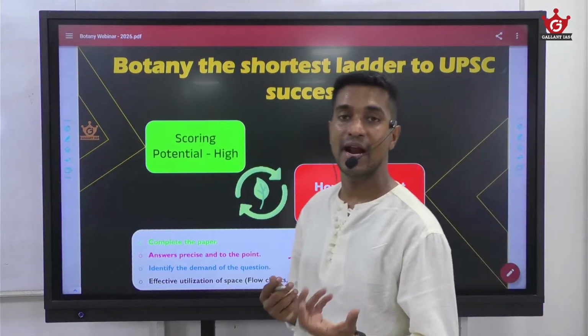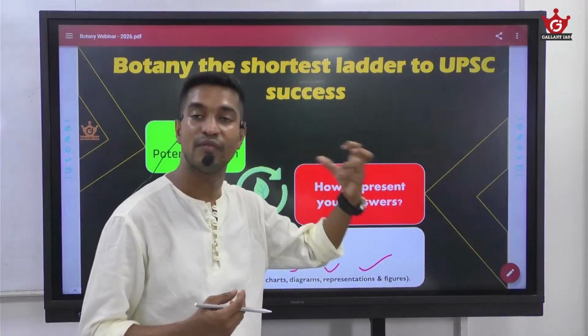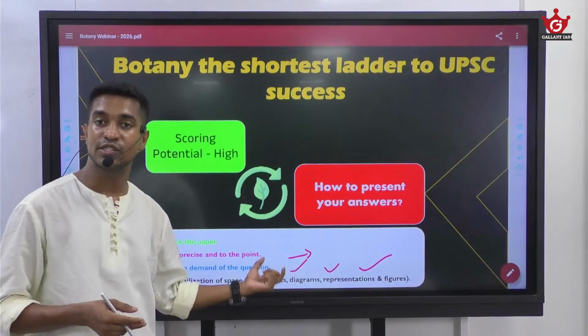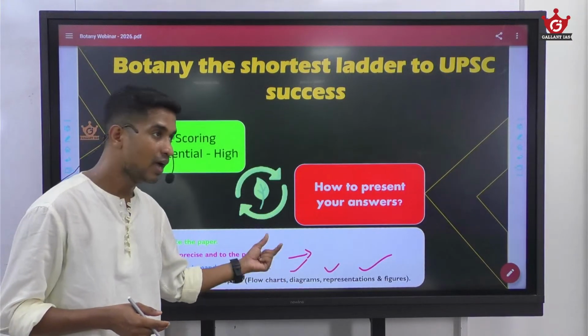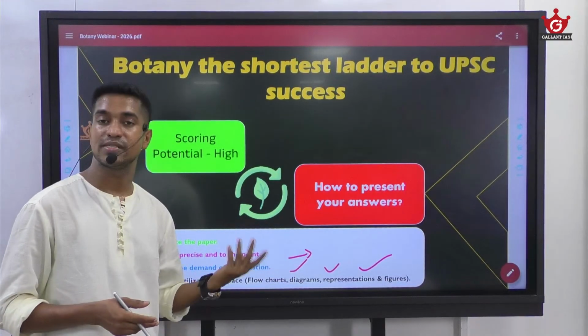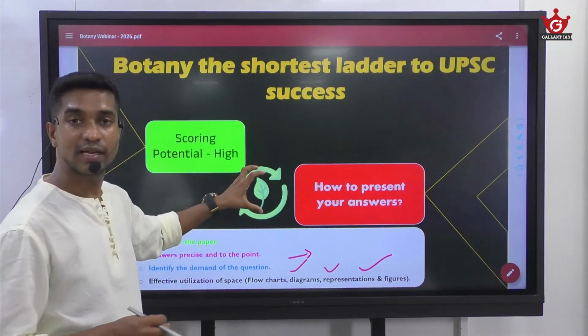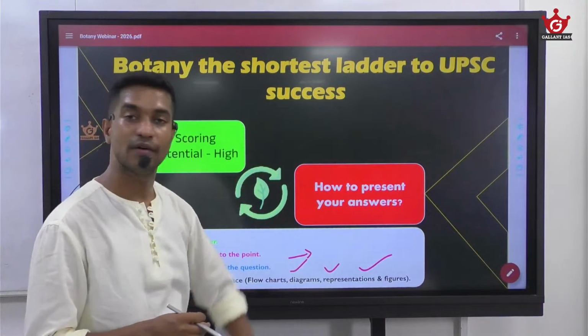So this will be an added advantage, and this will give you a value addition to your presentation. Okay, so effective utilization of space, along with the contents, you have to add flowcharts, diagrams, representations, and figures. That will be an added advantage. Okay, so this is the way to present your answers.